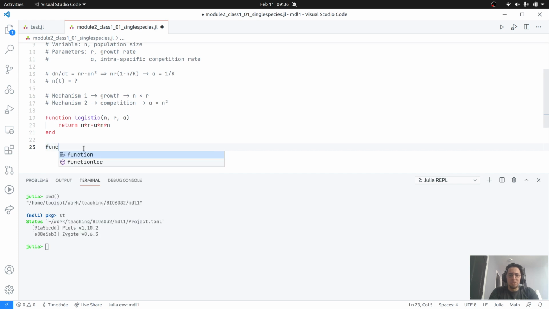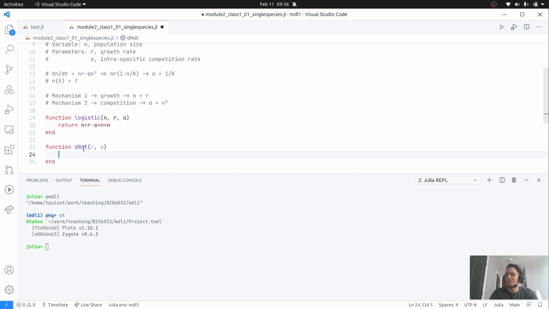So back to where we were. The little trick that we can do is I'm going to call that dn dt, just to be a little bit lazy, and we are going to write a function which is going to return a function. That's something that takes a little while to wrap your head around, but let me show you what's going on. We are going to write a function that is a function of r and alpha.